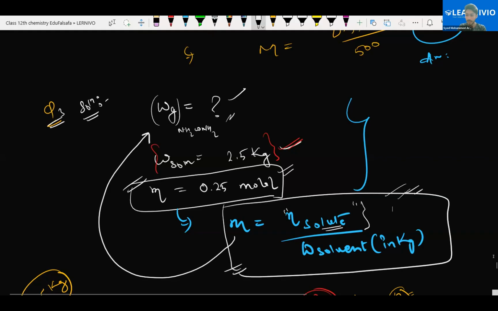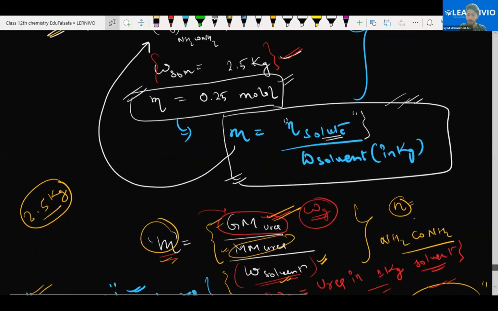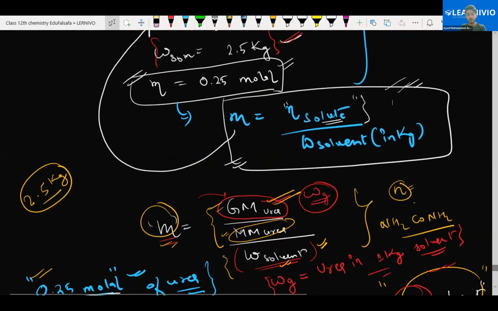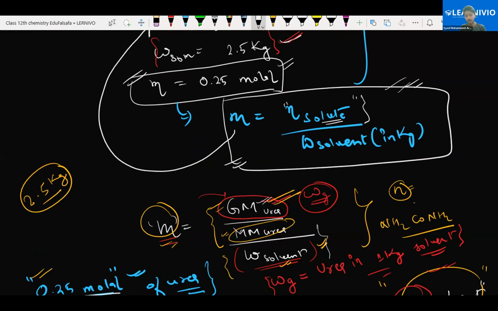So if I use this formula, what is the problem behind this? I need to find the unknown thing, and I am able to get there by getting this term. The problem is that we are not able to use this formula, because we didn't know the weight of the solvent. So I need to find the weight of the solvent.